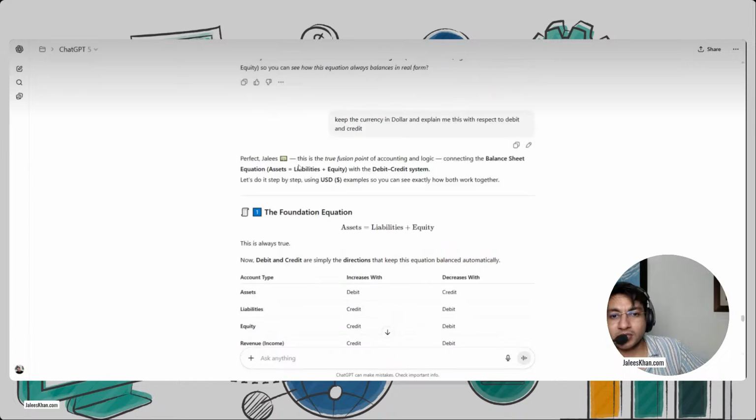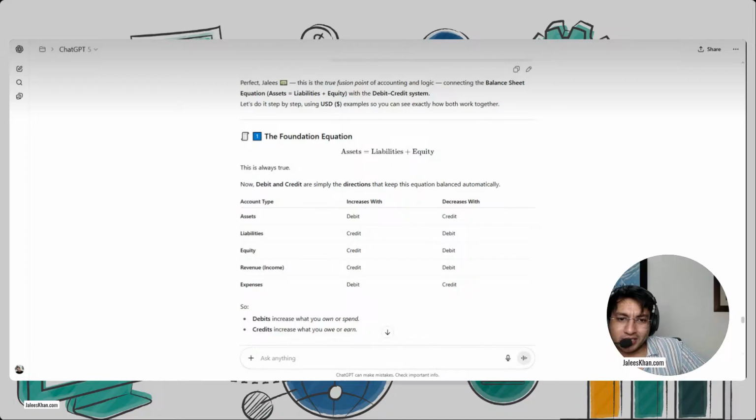Okay, perfect. So this is a true fusion point of accounting and logic, connecting the balance sheet and the debit and credit system. We already covered debit and credit in detail, so for a quick overview: credit is where the transaction starts, the starting point of the transaction, from where the money goes away, and debit means where the money lands, the destination point, or the conversion of that value.